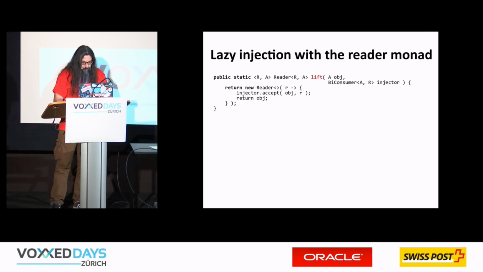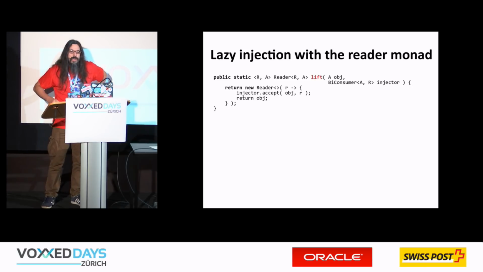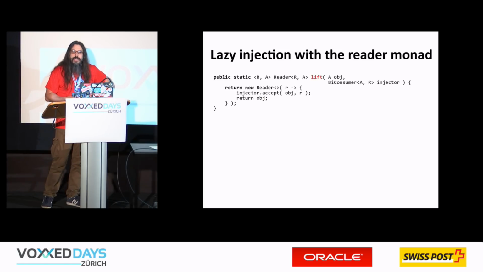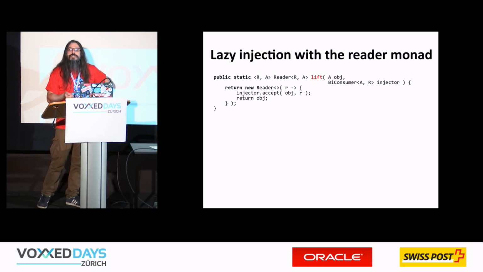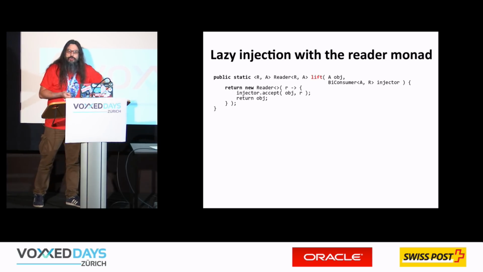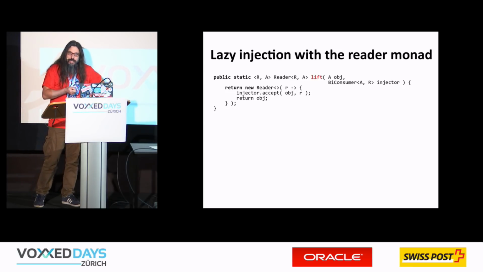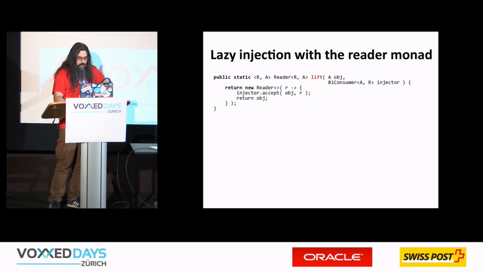What I will do is lift my account, my object A, inside the reader monad. And I will lift this with the object itself and a BiConsumer of the object, which is the account in my case, and the dependency that has to be injected, which is the logger in my case.